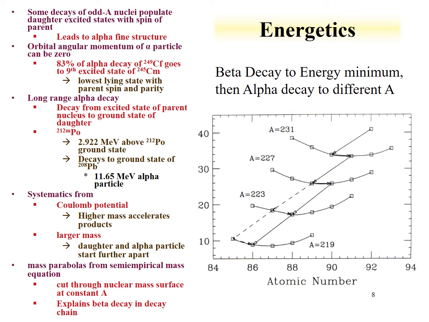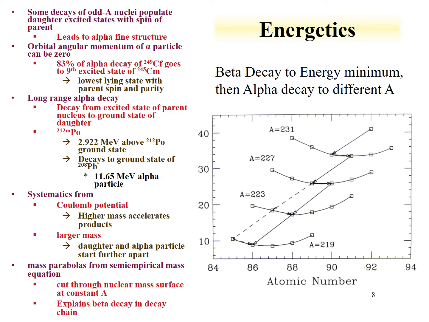We can also observe something called long-range alpha decay, which is really the decay from a metastable state to a ground state of the daughter. So for instance, polonium-212M sits about 3 MeV above the polonium-212 ground state, and it decays to lead-208 directly with an alpha particle of about 11.5 MeV.